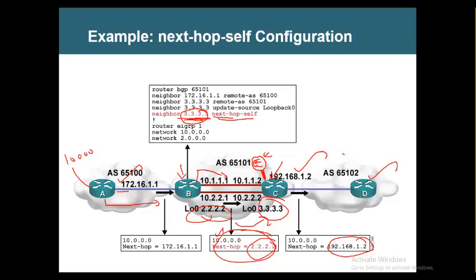So in short, when D receives, the next hop will not be A address, and will not be B address. It will be C address. For this, there is no need of any configuration. This is the default behavior.